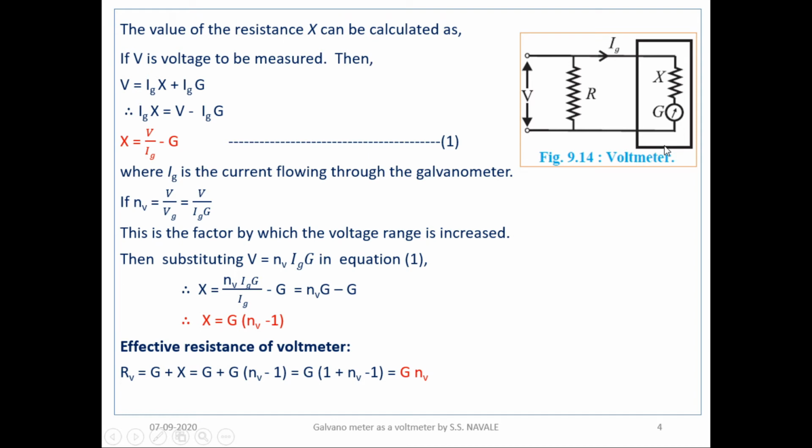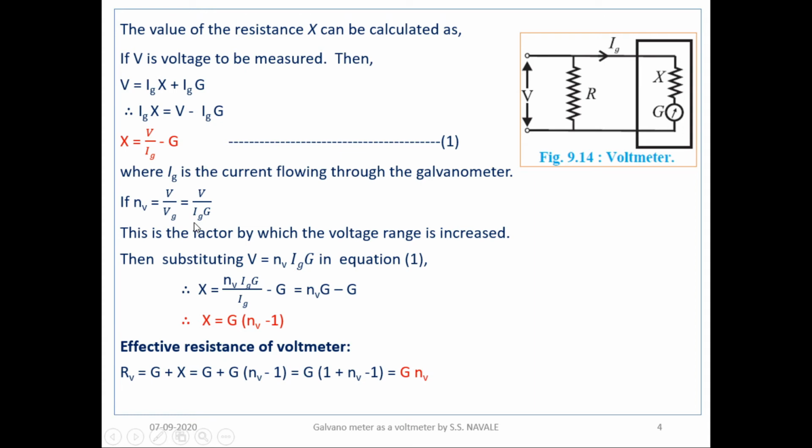So we can find the value of resistance X by using the equation V equals IgX plus IgG, where Ig is the current passing through X and G. So we can write V equals IgX plus Ig into G. Therefore, IgX equals V minus IgG. If we divide both sides by Ig, we get X equals V upon Ig minus G.